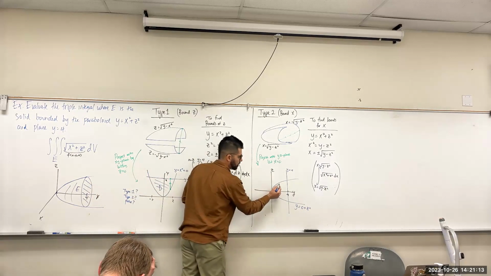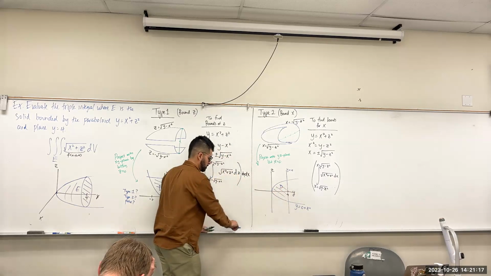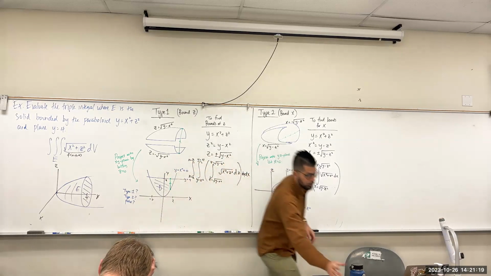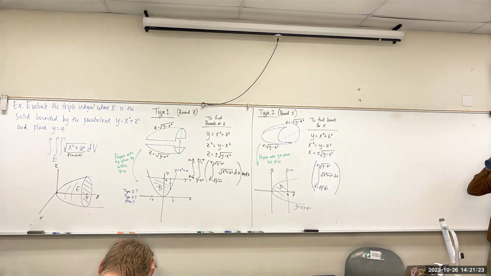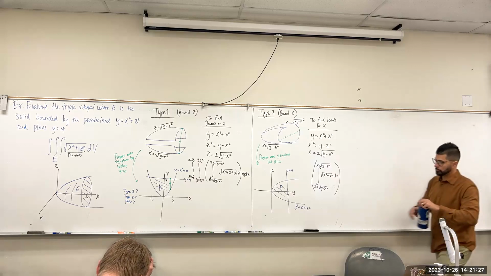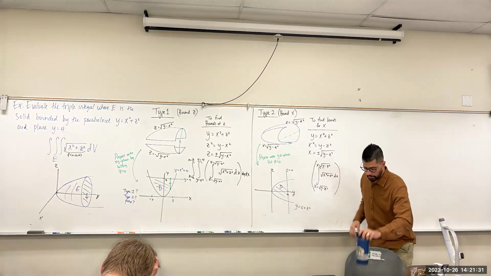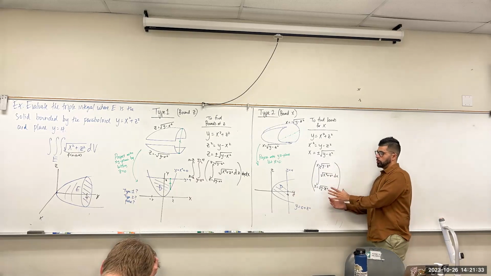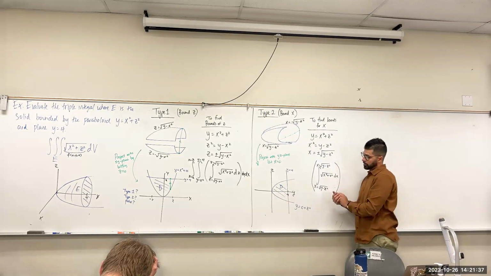And notice that now this is your two-dimensional projection. Okay, so now you figure that out. You see that it's like this weird parabola disc thing.